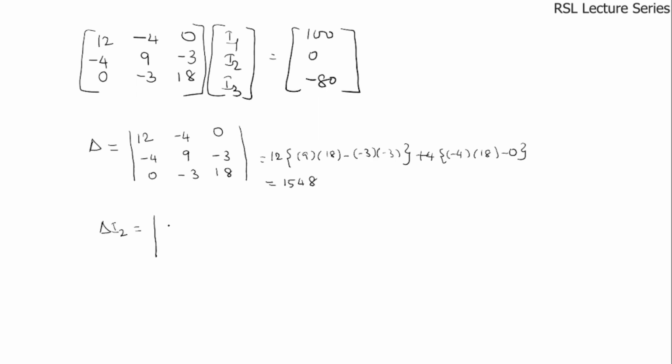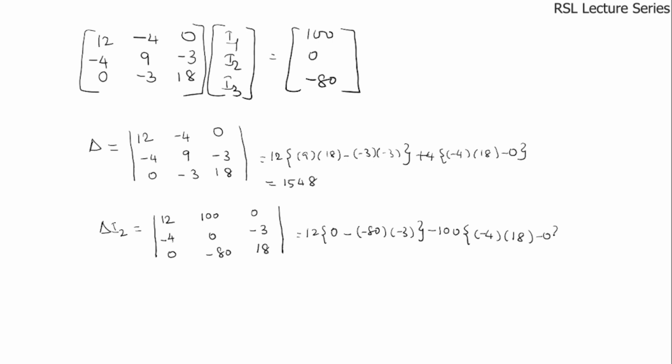Next we have to find the delta I2 value. For finding delta I2, we have to replace the second column of the resistance matrix with the right hand side matrix. The first and third columns remain the same. So the column is 80, 0, minus 80, and the third column 0, minus 3 and 18. Now we have to find the determinant value. 12 into (0 minus minus 3 into minus 80) minus 100... minus 4 into 18 minus 0.